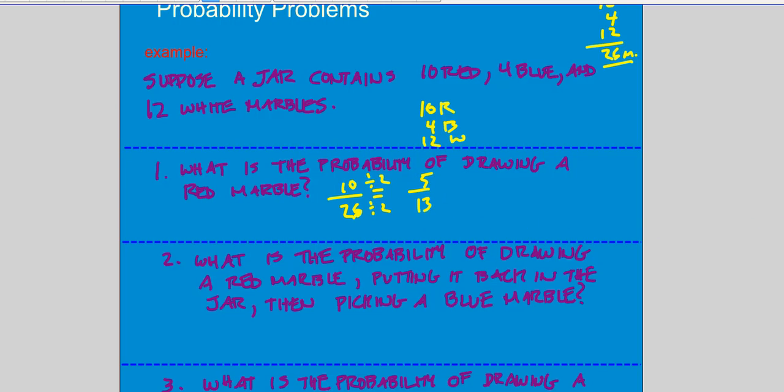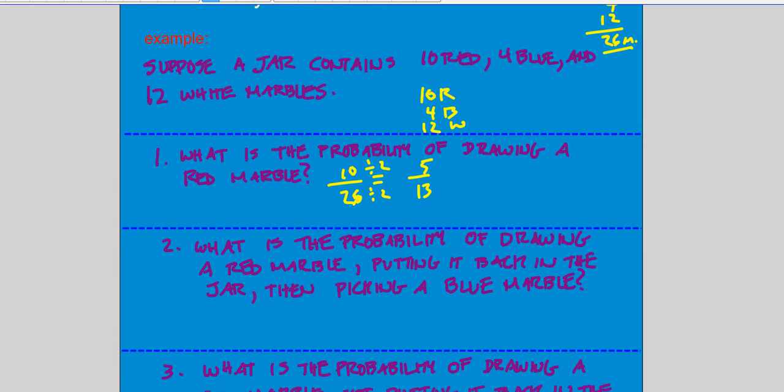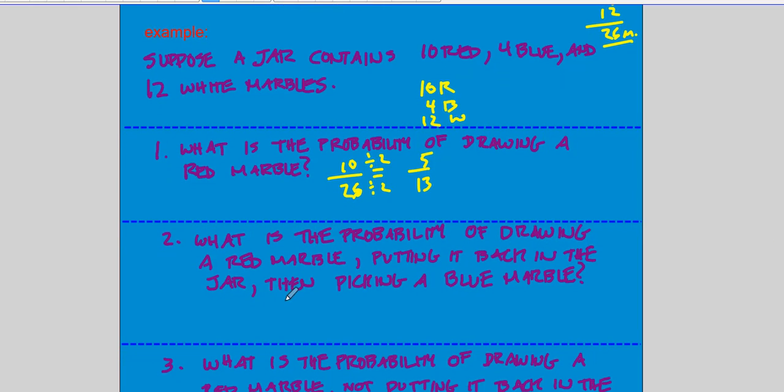Okay, next question. So what's the probability of drawing a red, putting it back in the jar, then picking a blue? So probability of red is 4 out of 26. I'm putting it back in the jar, so now there's still 26 marbles, but now the probability of picking a blue marble is going to be 4 out of 26.